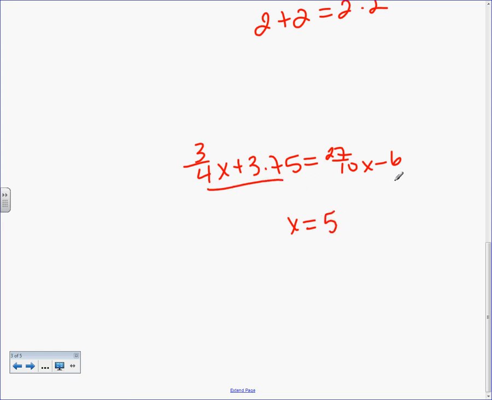You can plug it back here or here. Either way. And then see what you get for y. Take your time, actually get it right.